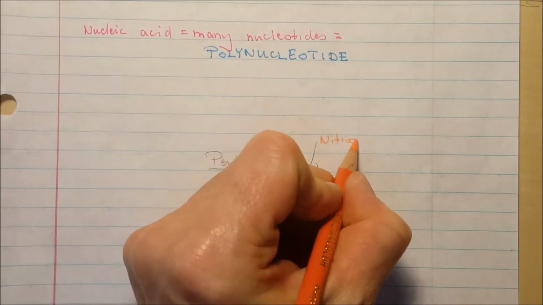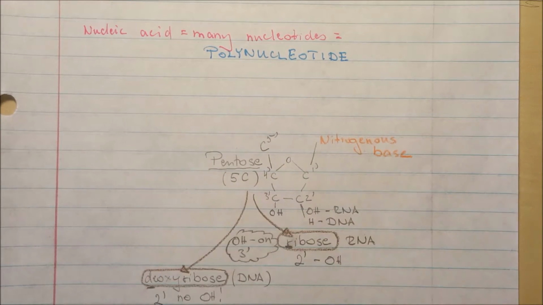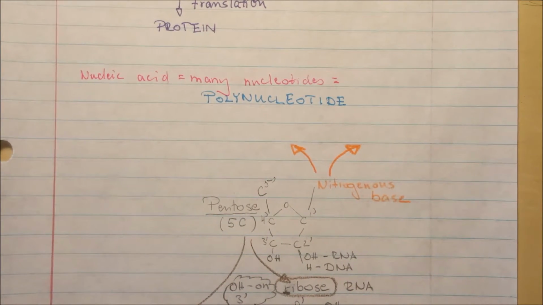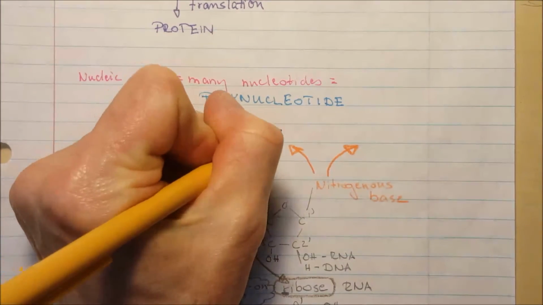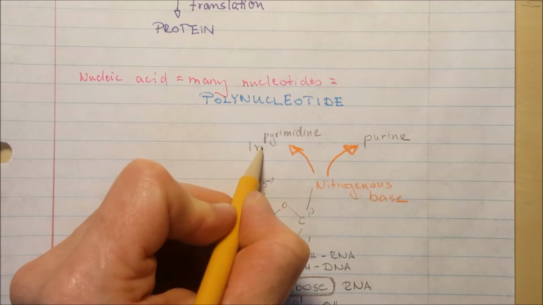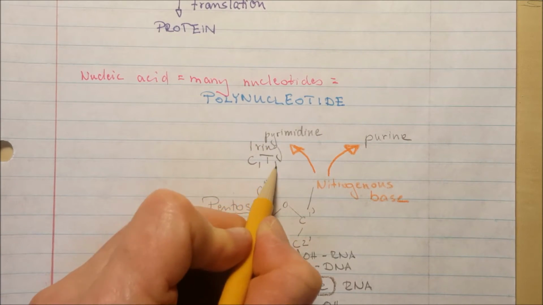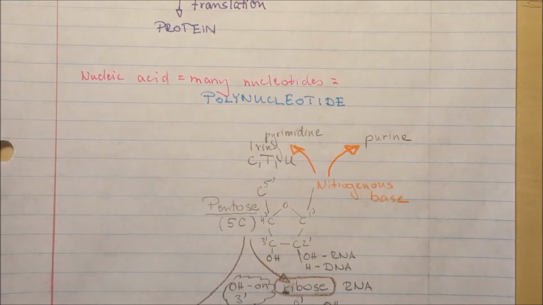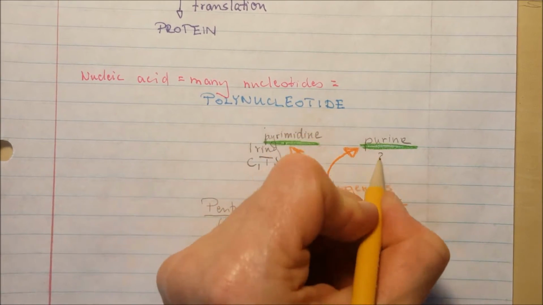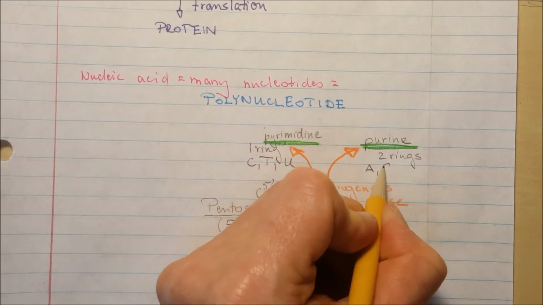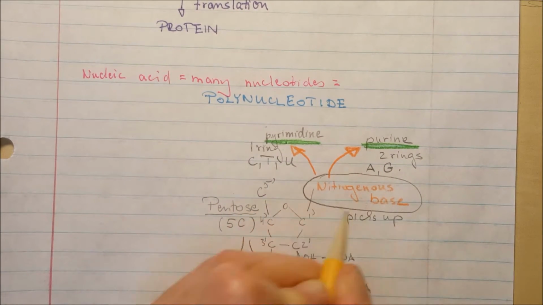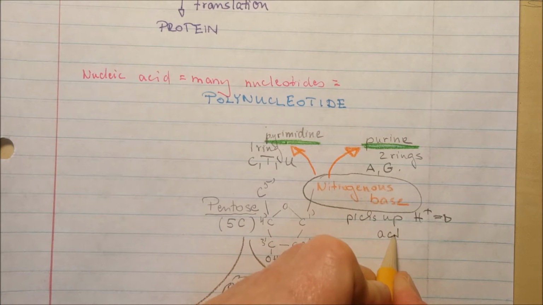To the first prime, the nitrogenous base is going to bind to the pentose. The pyrimidine contains 1 ring, and it's cytosine, thymine, and uracil. The purine contains 2 rings, and adenine and guanine are the purine bases.